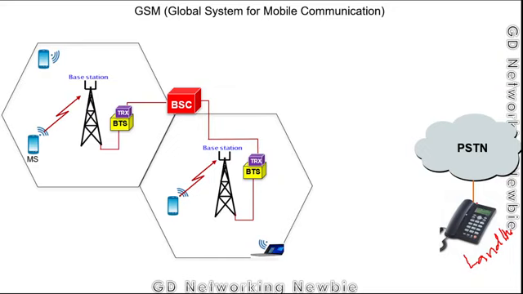So now to connect this PSTN with the base station controller, we need another entity, and that entity is known as the mobile switching center. So this mobile switching center, on one hand, will be connected with the base station controller, and on the other hand will be connected with the PSTN, and this PSTN is connected with our landline number, to some fixed phone.